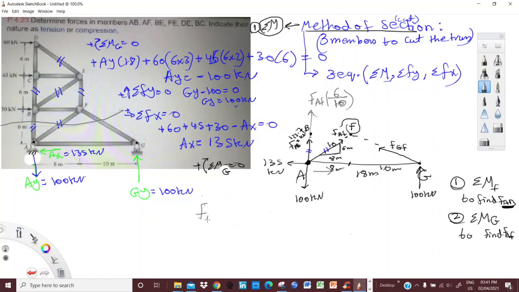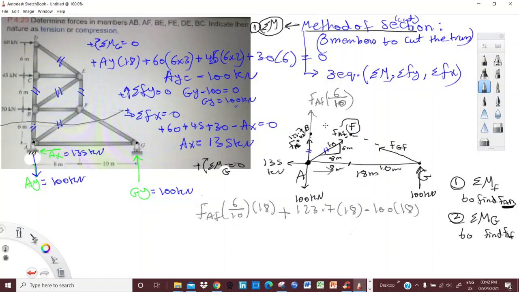So FAF times 6 over 10, or 0.6, plus, oh sorry, I didn't multiply by the perpendicular distance, which is 18, plus 123.7 times 18, equal to, clockwise, minus 100 times 18.